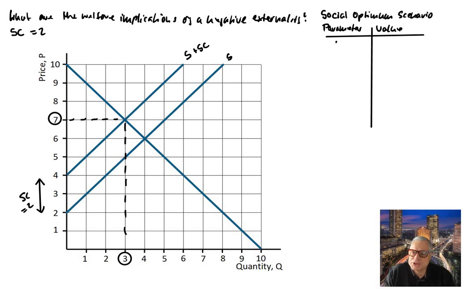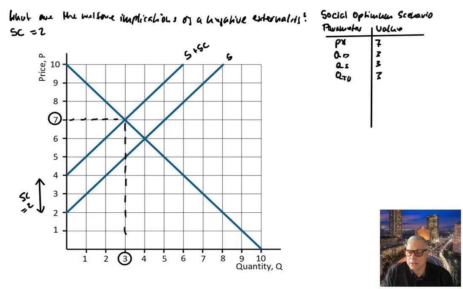Okay, so the equilibrium price should be 7. The equilibrium quantity, or quantity demanded, should be 3, and quantity supplied should be 3. So the quantity turned over should be 3.